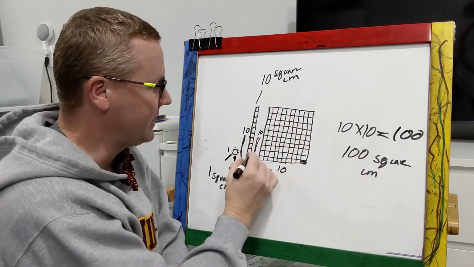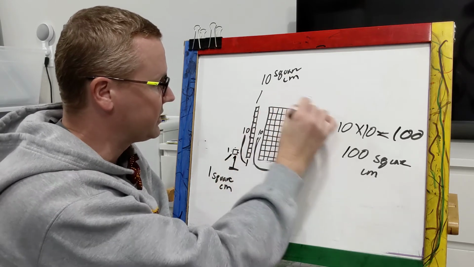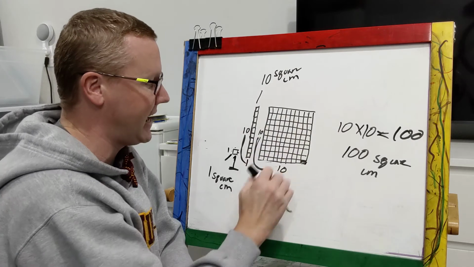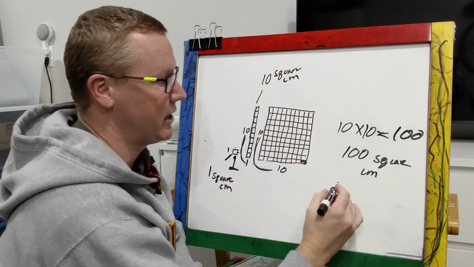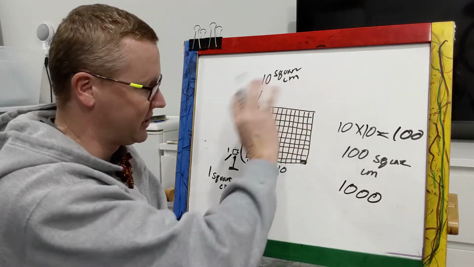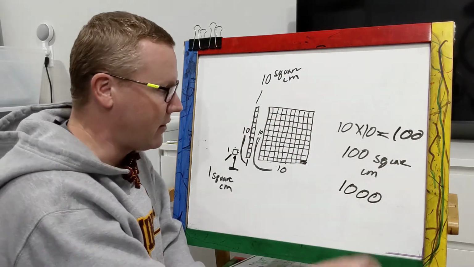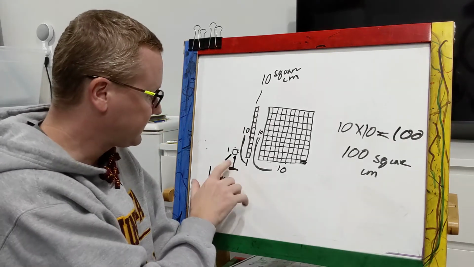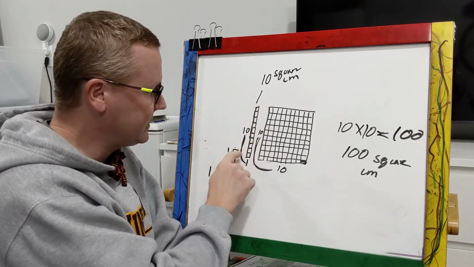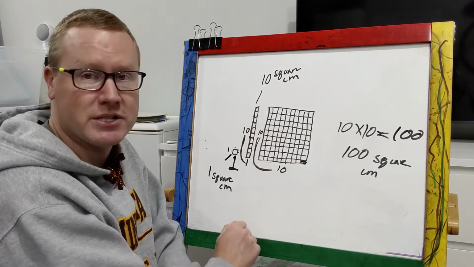If I were to make a strip mat, so if I were to add 10 of these mats together, there would be 1,000 square centimeters in there, but we'll get to that stuff later. That can get a little bit confusing. Right now, I just want you to know that when we add 10 to a length or a dimension, it goes up by 10.